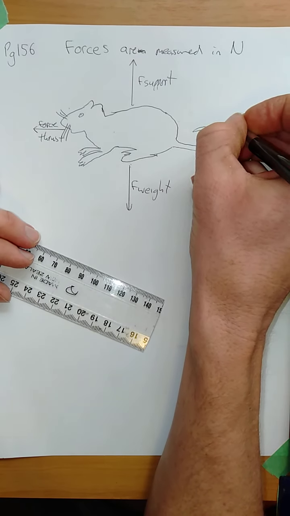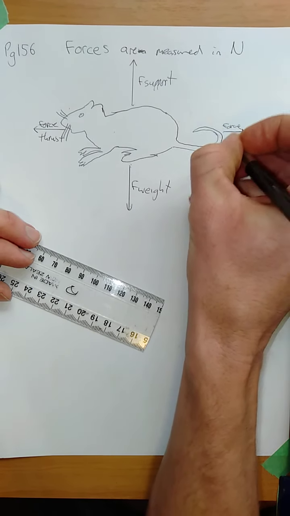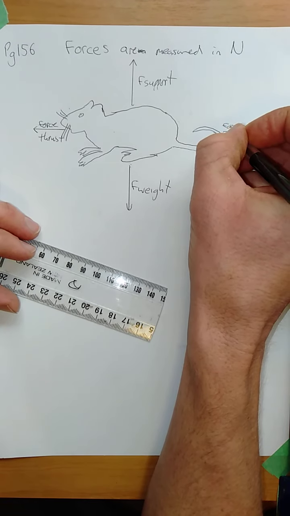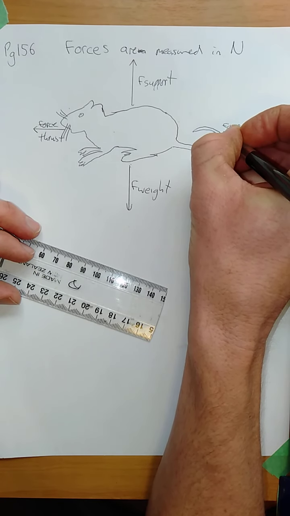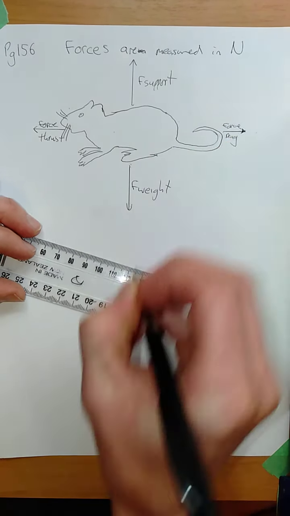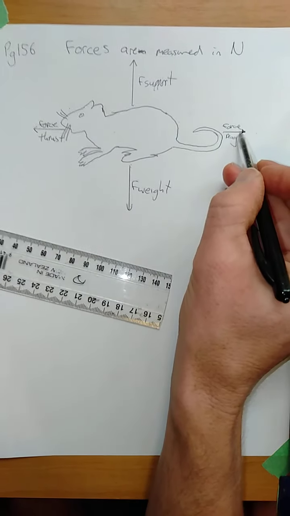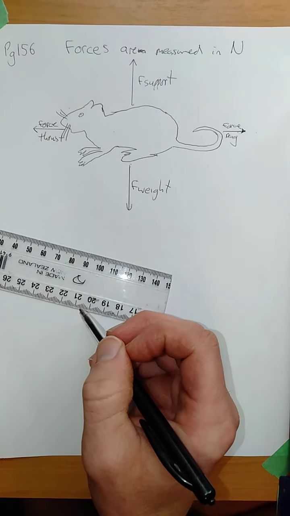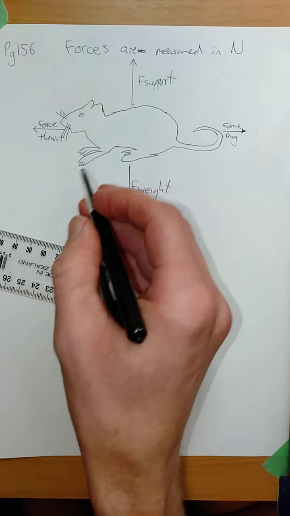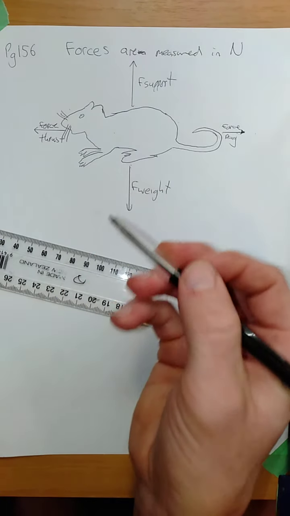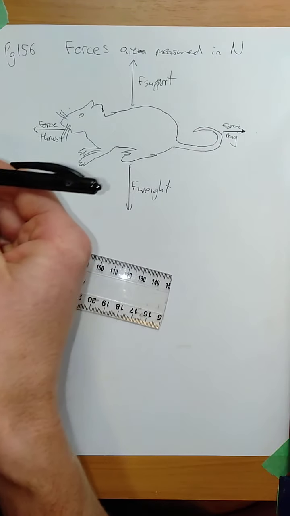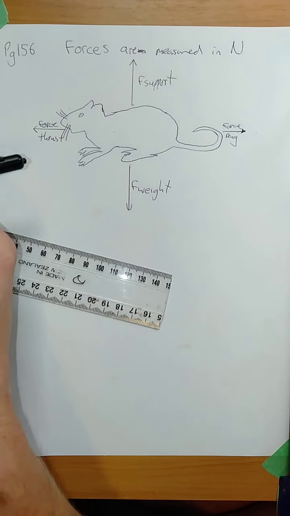This one here could be force resistance, could be force drag, we'll call it drag force. Now, because this one is shorter than that one, that tells us that the thrust force is greater and therefore this rat is accelerating in that direction there.